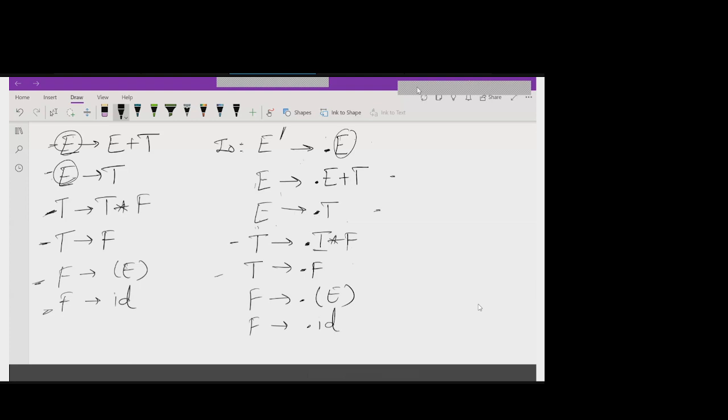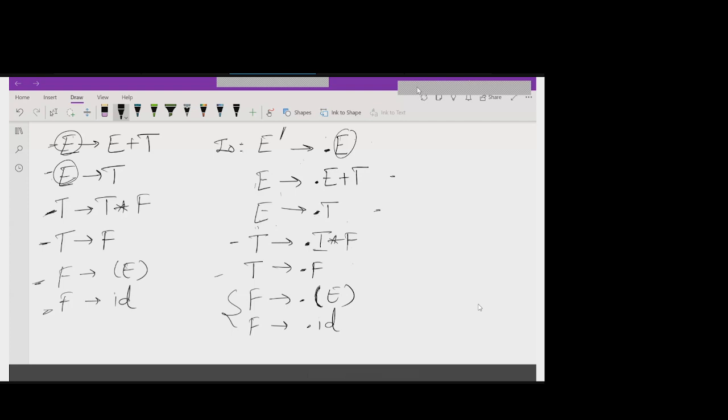Now in these two productions, after the dot, what do you have? A terminal symbol. So there is no need to expand it, because terminal symbols are non-expandable symbols.